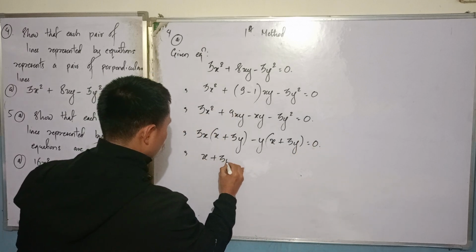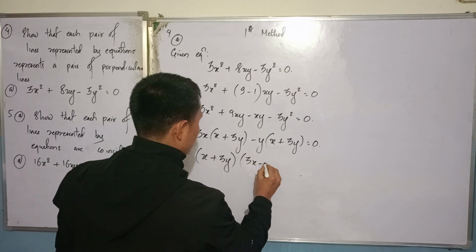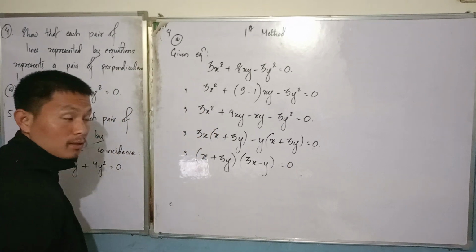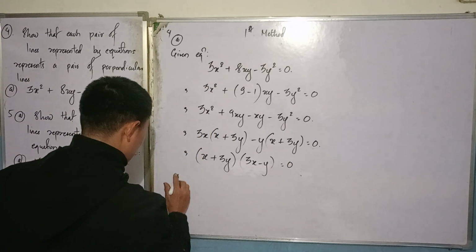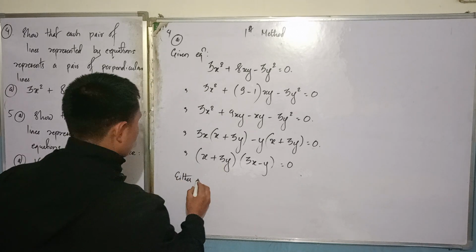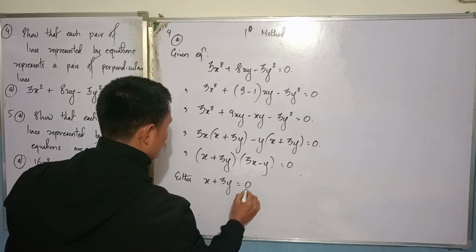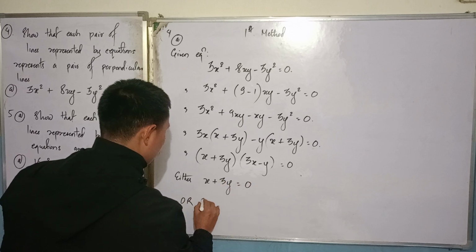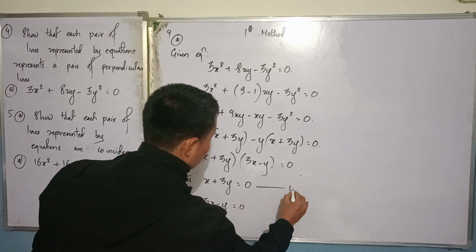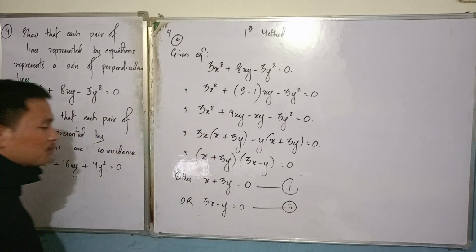So x plus 3y and the other will be 3x minus y is equal to 0. Now we can say either x plus 3y is equal to 0 or 3x minus y is equal to 0. So this is I and this is II.